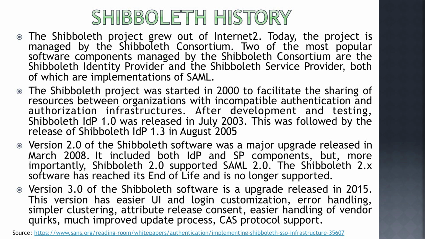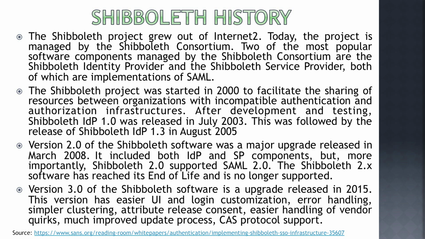It included both IdP and SP components, but more importantly, Shibboleth 2.0 supported SAML 2.0 only. The Shibboleth 2.x software has now reached its end of life and is no longer supported. Now version 3.0 is available, which was released in 2015.